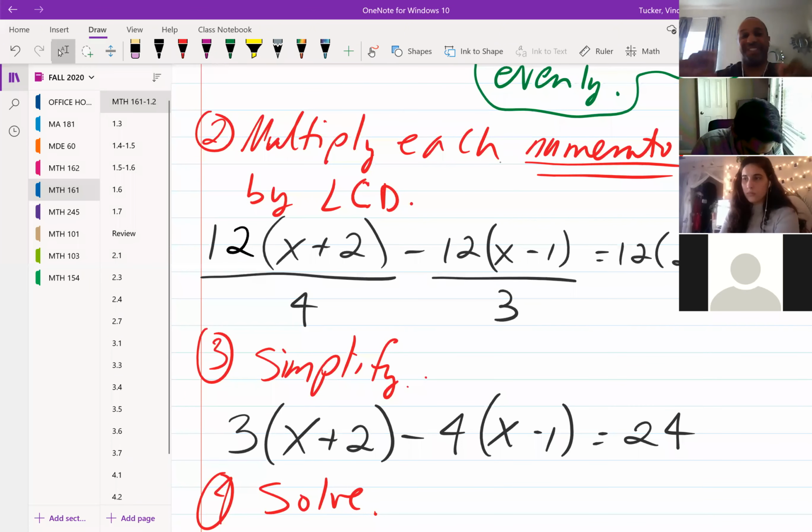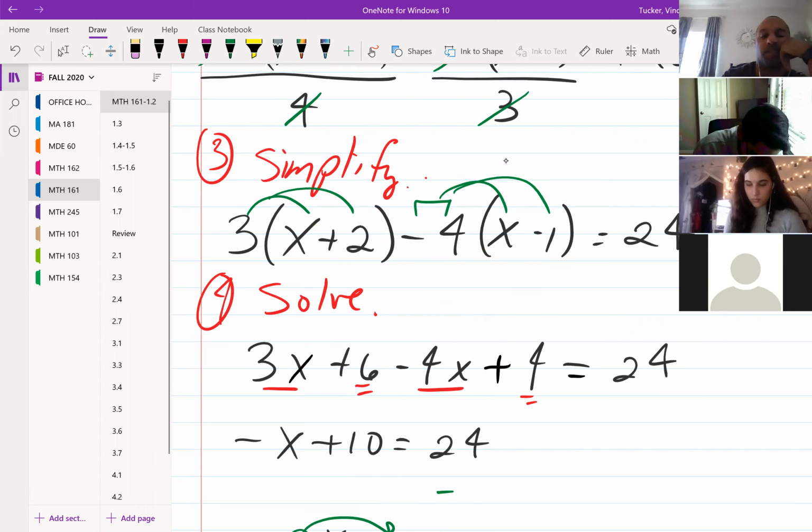Combine your like terms. We have 3x minus 4x, which is negative 1x. 6 plus 4 is positive 10. And the 24 is still over there by itself.